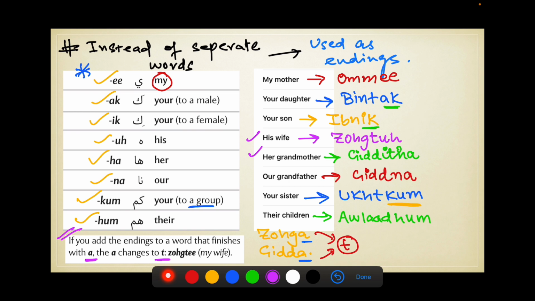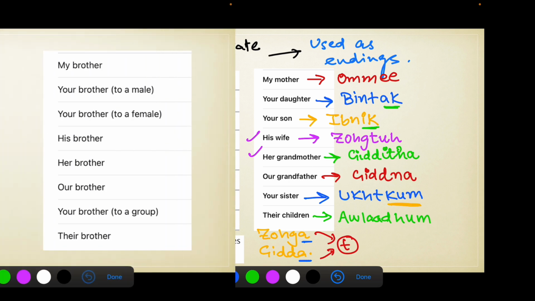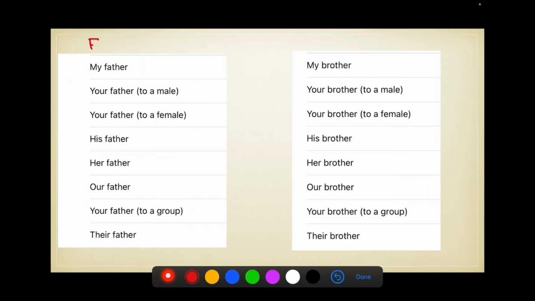For example, you have to say my wife. We'll say zog and add t. For father and brother, you have to learn the words separately.